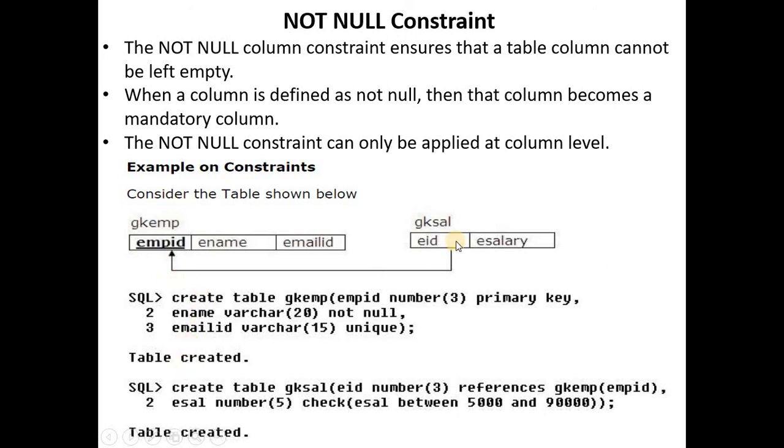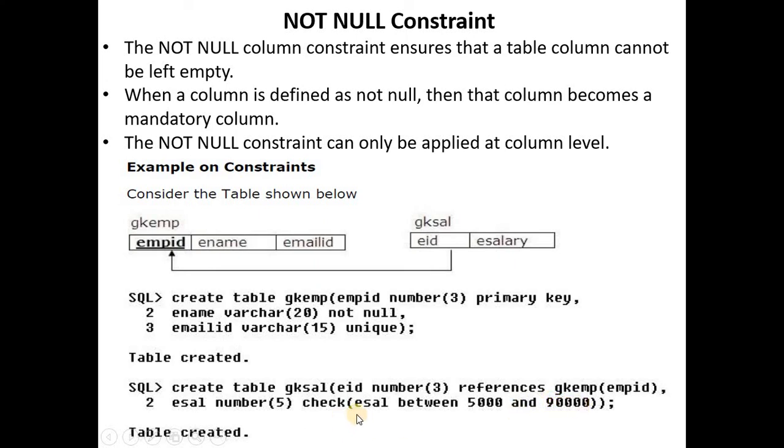Then to create this GK salary table: create table GK sal, EID is number 3, references the GK emp table's emp ID. Then e-sal of number 5, so salary has to be of 5 digits. Check e-sal between 5,000 and 90,000.